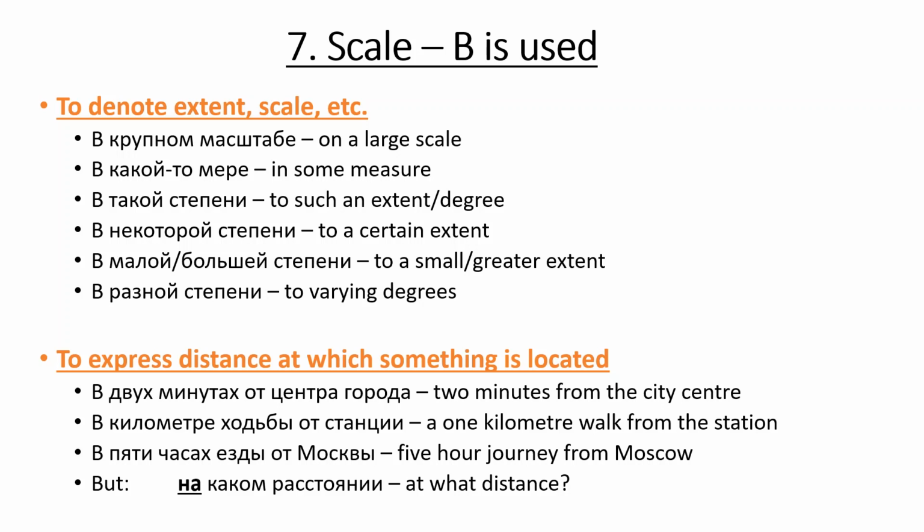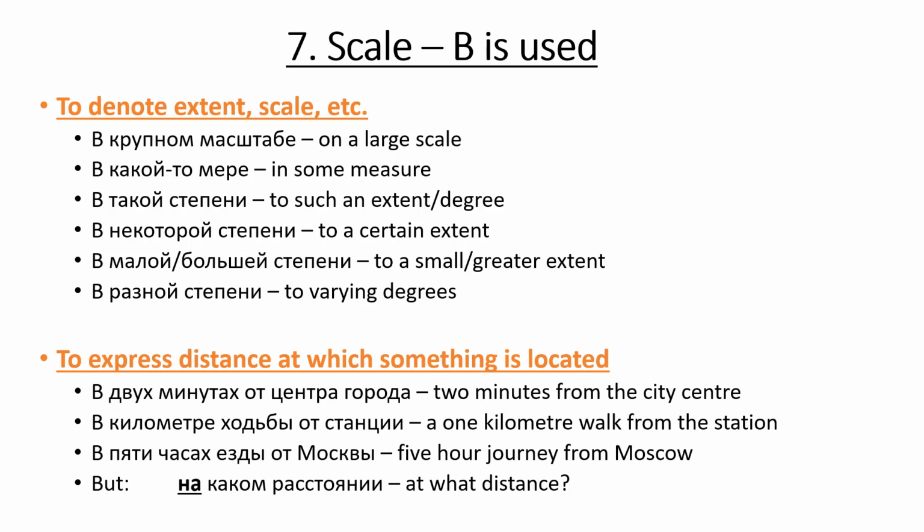В километре, 1 kilometre, ходьбы, of a walk, от станции, from the station. В 5 часах езды, so в 5 часах is at 5 hours, езды, journey, от Москвы, from Moscow. So don't worry too much about all of these confusing case endings and any new vocabulary.